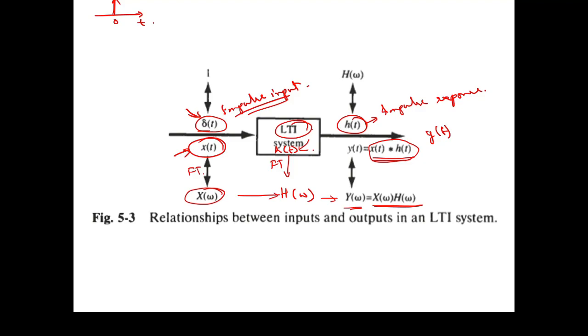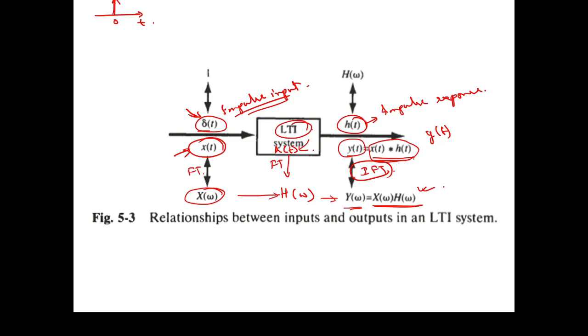So we have got the output in the frequency domain, and then when we apply inverse Fourier transform, we get y of t over here. Performing multiplication is much easier compared to performing the convolution.